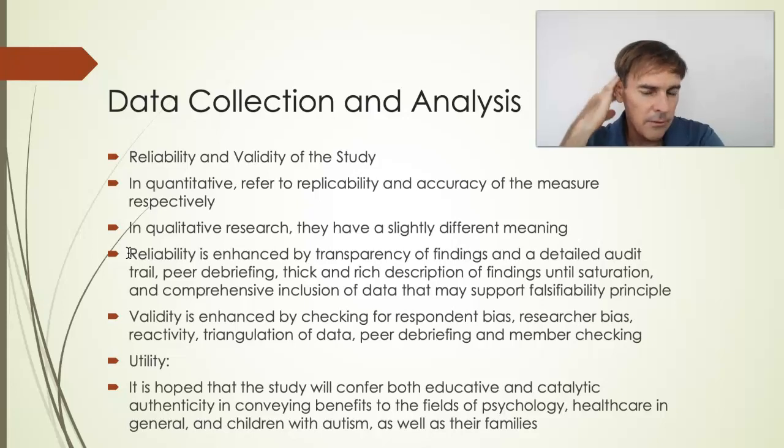With qualitative, it's never identical because every story is unique, but you want to be at least in the same ballpark. And then validity is enhanced by checking for respondent bias, researcher bias, reactivity, triangulation of data, and peer debriefing. So I'm basically working with others that scrutinize my work and make sure that it's free of bias.